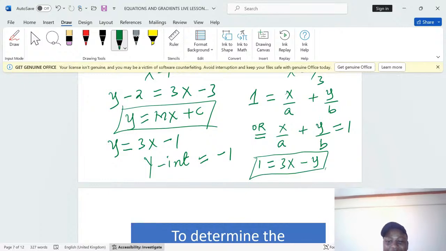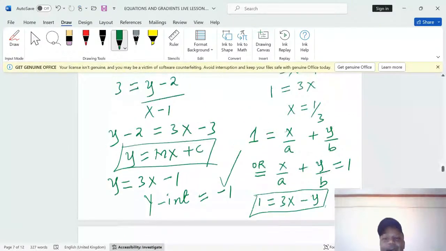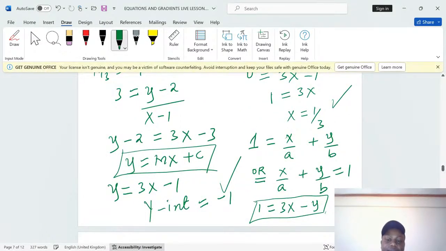The coefficient of y is negative 1. Therefore, the reciprocal of negative 1 is just negative 1. So we were correct. Again, we can talk about the reciprocal of the coefficient of x. The coefficient of x is 3. Its reciprocal is a third. That gives us the x-intercept and will be correct. So that is how we handle it.